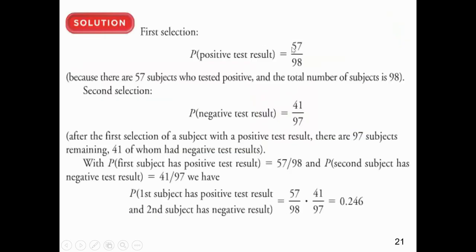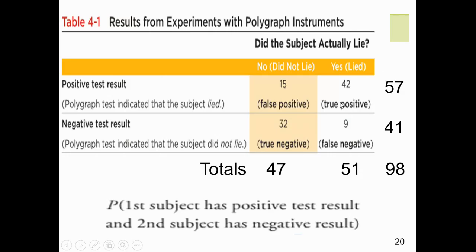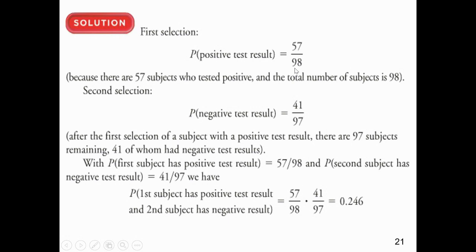First time out, 57 people had a positive result out of a total of 98. How many people had a negative result? There it is: 32 and the 9, 41. The problem is there's not 98 people left. There's only 97 people. If I did it again, it'd be only 96, 95, and so forth. So here's a case where you had to adjust the denominator in this second event.